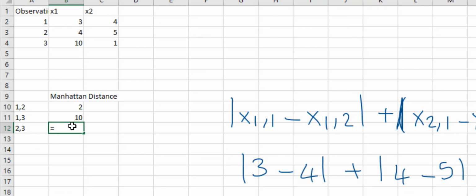And now between 2 and 3, x12 minus x13, plus absolute function x22 minus x23. So here are the results. Like the results found using the Euclidean distance, observations 1 and 2 are the most similar based on the Manhattan distance. Observations 1 and 2 are now equally dissimilar to observation 3.